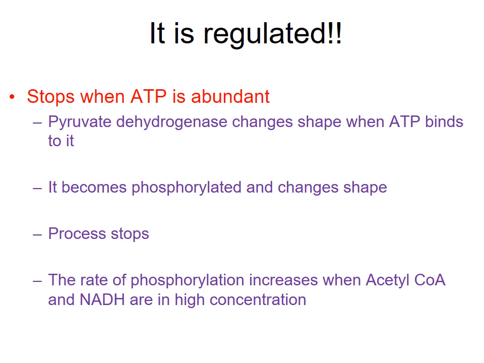Right, so just like glycolysis, pyruvate processing is regulated. Remember we said that almost all processes, in fact most processes within a cell, are regulated. And just like glycolysis, pyruvate processing tends to stop within a cell when ATP is abundant. Again, that makes sense because when ATP is abundant, there is no need really for cellular respiration to proceed.